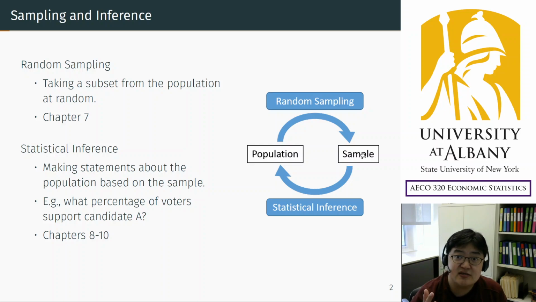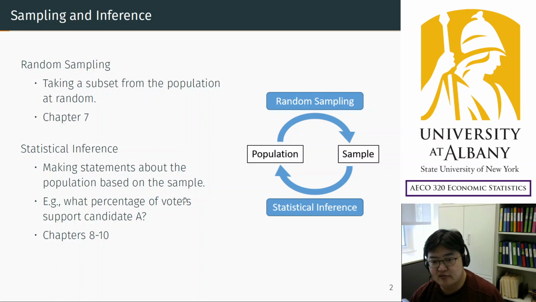But in practice, what we need to do is the other way. We observe the sample, and from the sample we'd like to make a guess about the population. That is statistical inference, right? Statistical inference is to make statements about the population based on the sample.